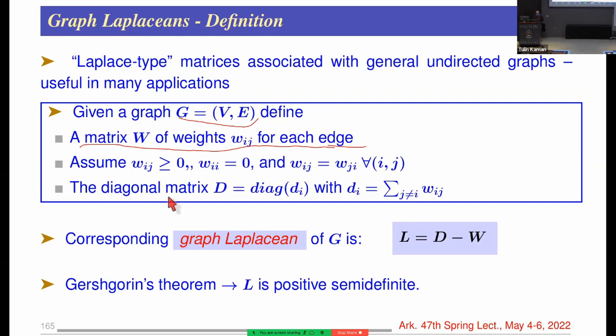And then you build the diagonal matrix D, which is given by the sum of Wij. So Di is the sum of Wij's for all the j's different from i, because Wii is 0 anyway. So it's the row sum of row i, okay? And then the graph Laplacian is simply this matrix in here, D minus W. So that's the graph Laplacian that's associated with A.